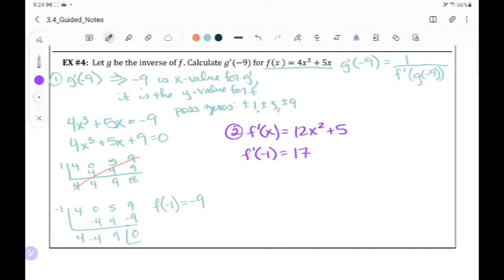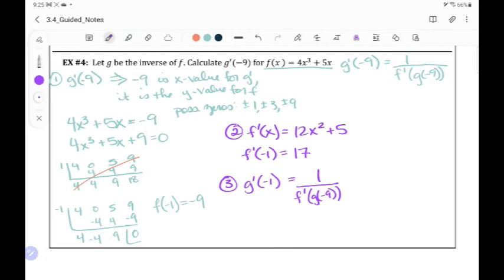That means that f prime of negative 1 is 17. I can use that based on the rule that g prime of negative 9 equals 1 over f prime of g of negative 9.